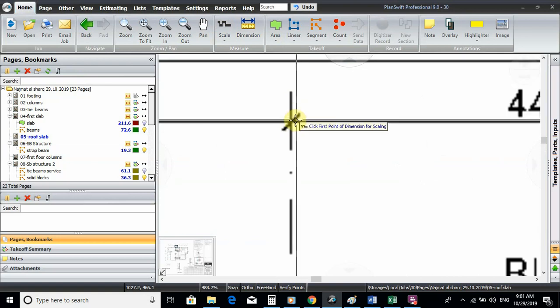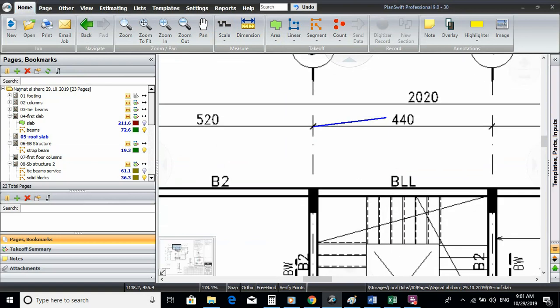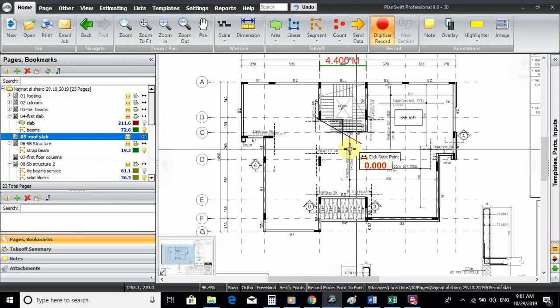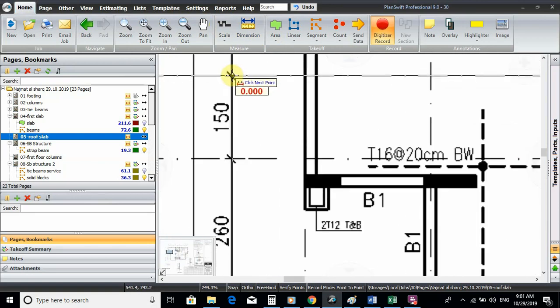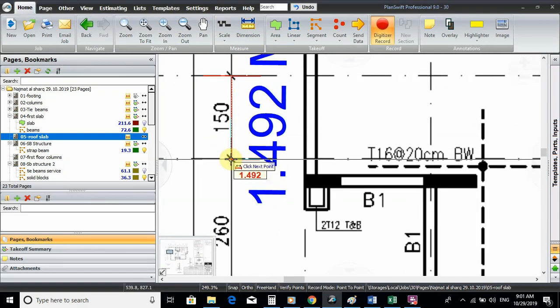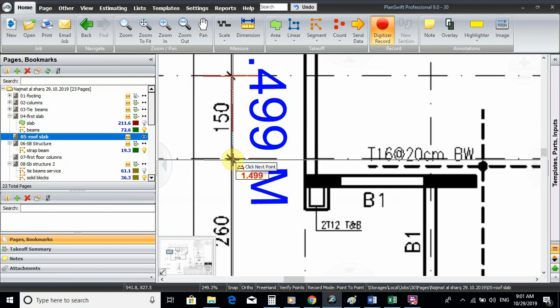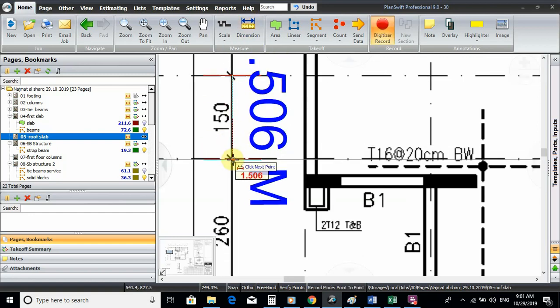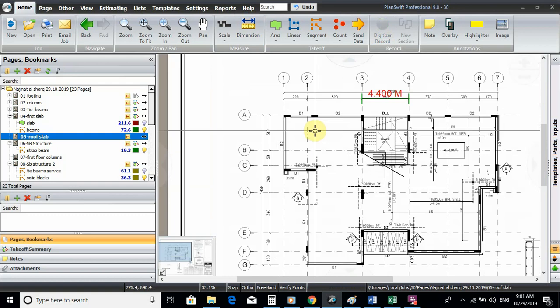Usually I just make sure that the horizontal and the vertical are right. Okay, so this is probably right. Just a check.